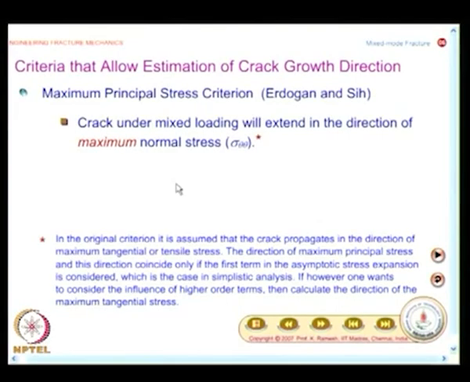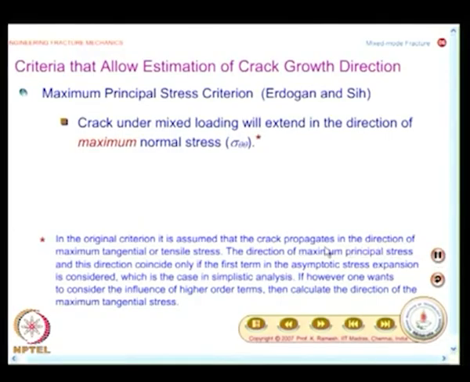So, you have to calculate that. You will have dou sigma theta theta divided by dou theta equal to 0. From that you find out what is the direction of maximum tangential stress and then do the calculation. But we would see for first term, it boils down to maximum principal stress direction. So, this is one of the criteria.